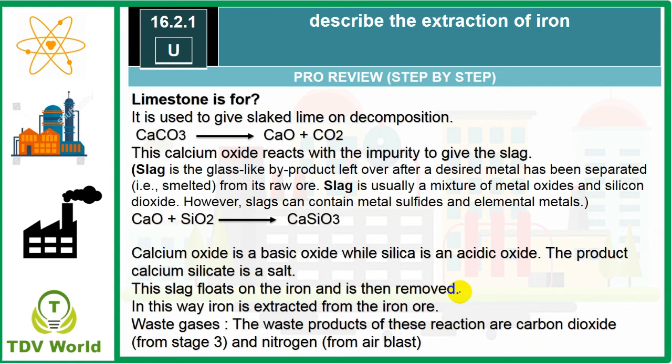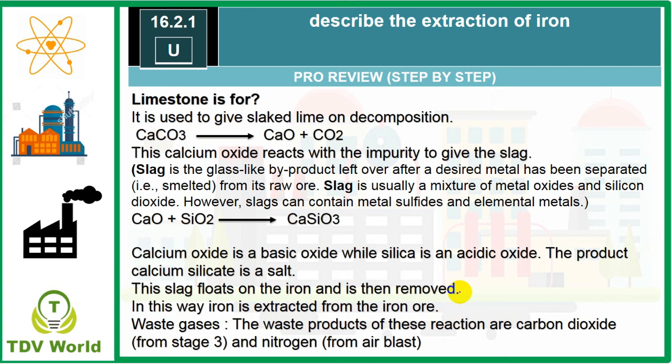We discussed this while studying limestone, why limestone was put into the furnace, and we studied that slag was formed by calcium oxide. First of all, limestone was broken down into calcium oxide and carbon dioxide.